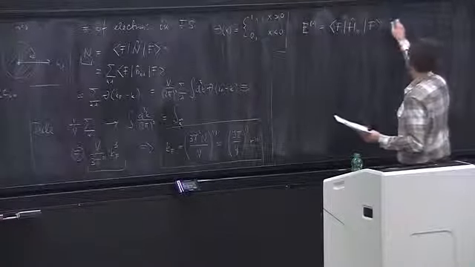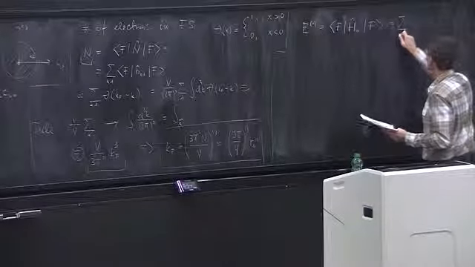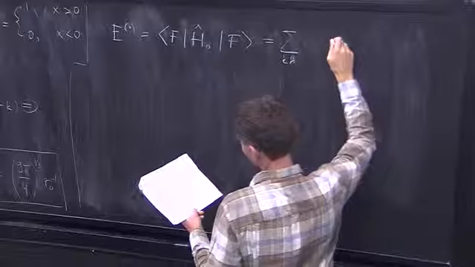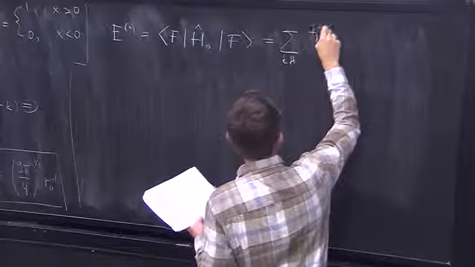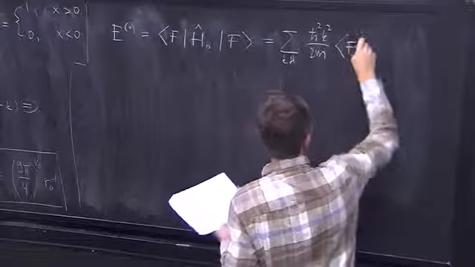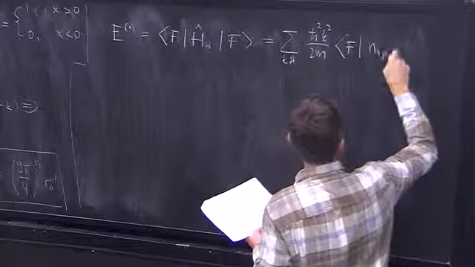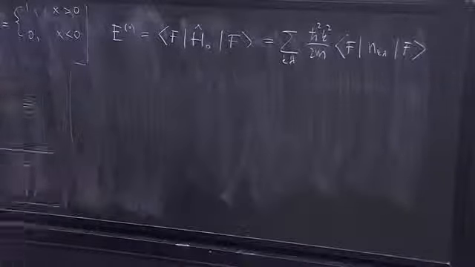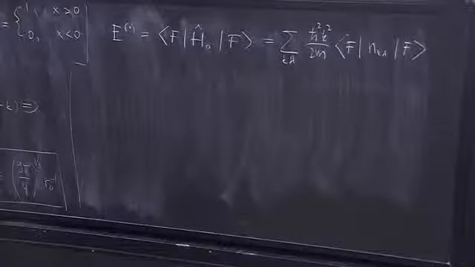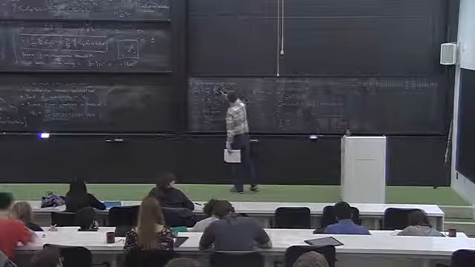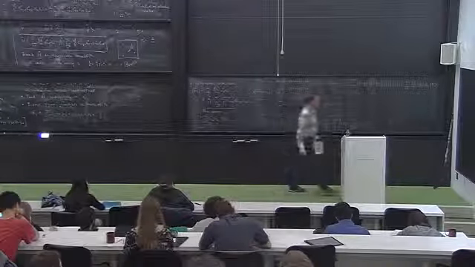And this can be rewritten once again as sum over k lambda h bar squared k squared over 2m f n k lambda f, where I'm simply putting in the explicit form of my h naught and recognizing that this I can pull out of the expectation value, and also recognizing that this is nothing but a number operator.